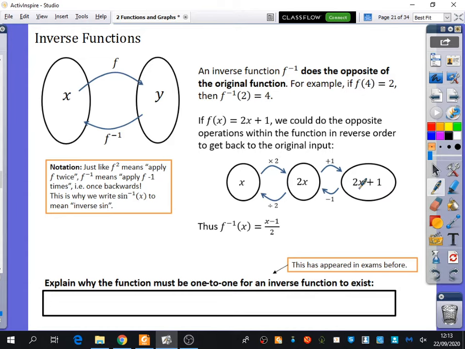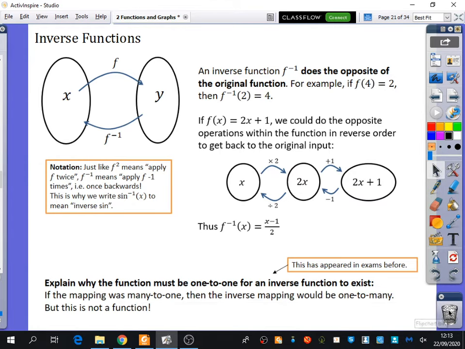So it's important that the function must be one-to-one, because if you do the inverse of one-to-one, it stays as one-to-one, and therefore both of them are functions. So what I've written here is if the mapping was many-to-one, then the inverse mapping would be one-to-many, but this is not a function. So if you could just add that in there. This has been asked in exams before, usually a little one-mark question. They'll say something like, does the inverse function exist? And you would have to decide whether the inverse function existed by thinking, is it many-to-one? And then it becomes one-to-many, which means it wouldn't exist.